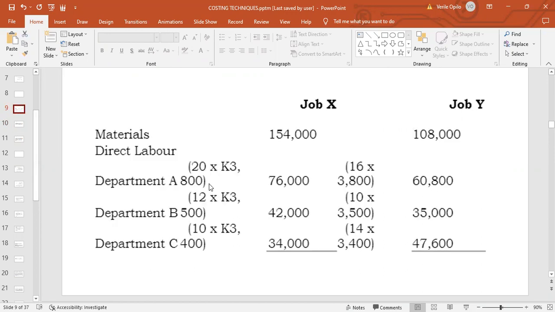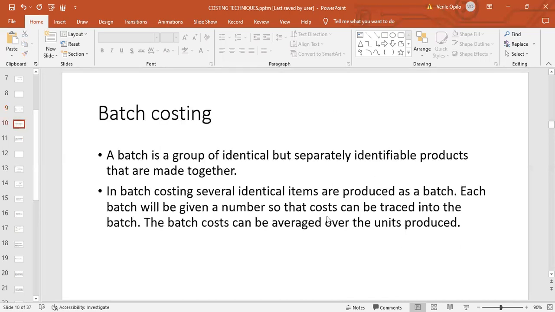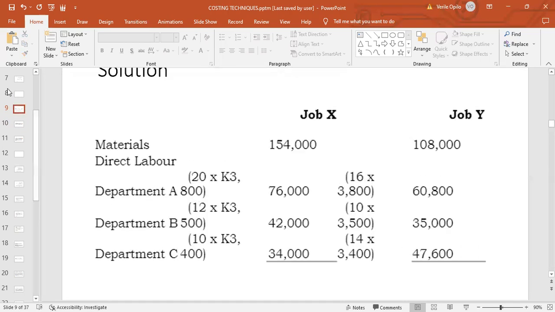The company has to compute the total material costs for each and every one of the departments that we have, and then also for each and every one of the products that we have. So we'll start off with job X, and then we go on to compute the value for job Y. In this case, we've been told that we have two products, and each product is going to require materials.